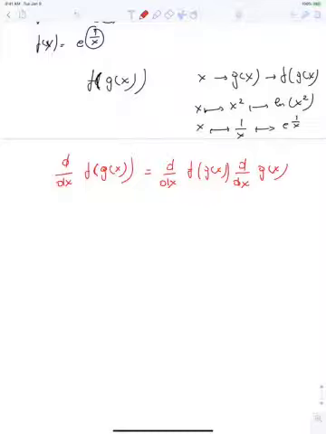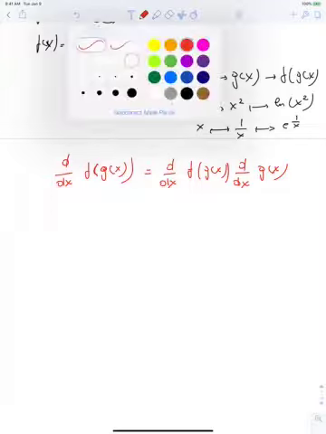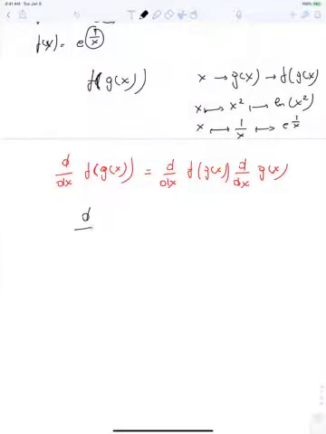So let's do a simple example. Let's say that we have the derivative in dx of the log of 3x plus 2. Well, first of all, we're going to compute the derivative of f, and we're going to evaluate that in g of x, so in 3x plus 2.